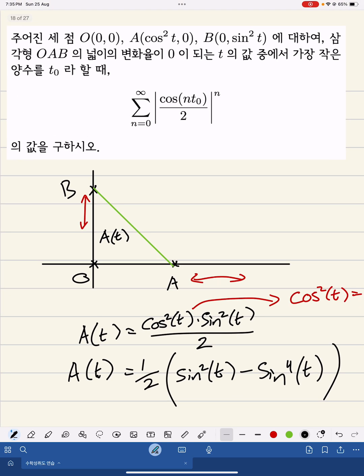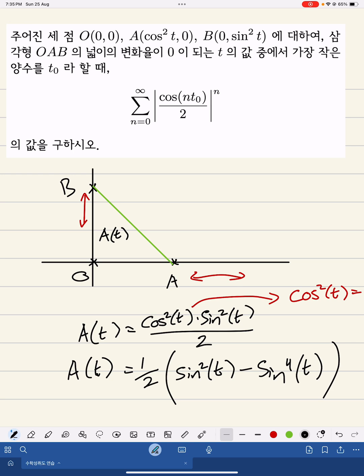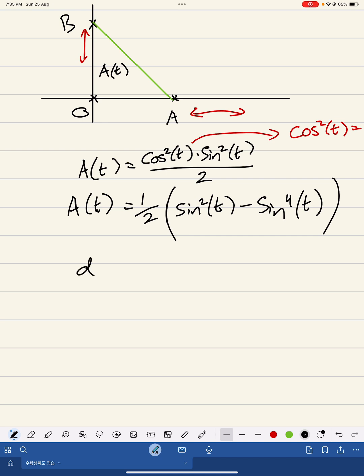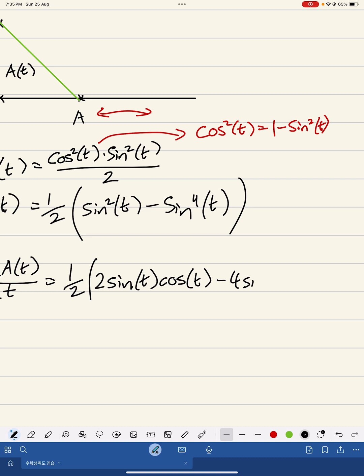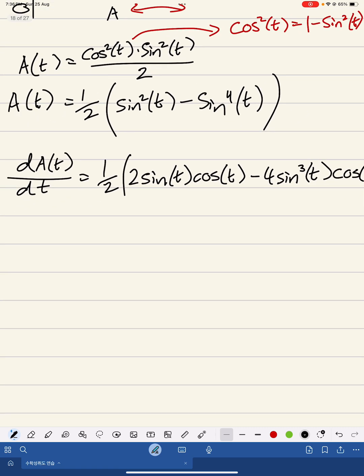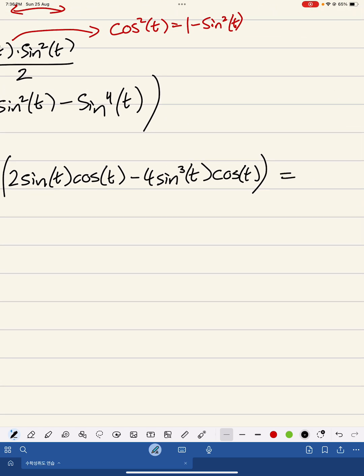So we're saying there is some t value where the rate of change of the area is 0. So there's some place where dA(t)/dt, which is half times (2 times sine of t times cosine of t, minus 4 sine cubed of t times cosine of t), is equal to 0.